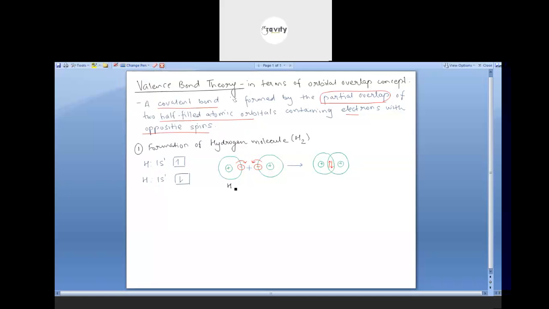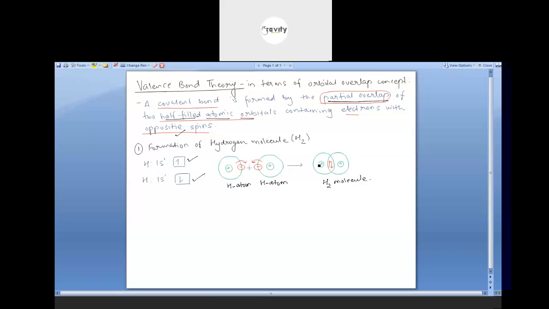So this is one of the H atoms. This is the other H atom, and they combine to form the H2 molecule. See here they have clearly undergone partial overlapping, with half-filled atomic orbitals and opposite spins justified.